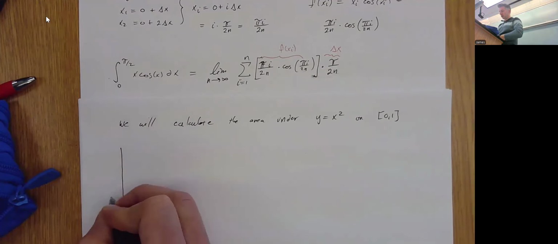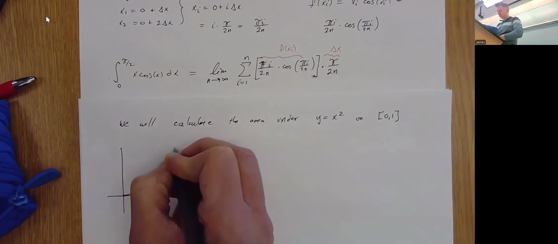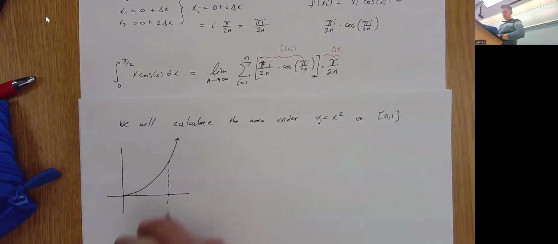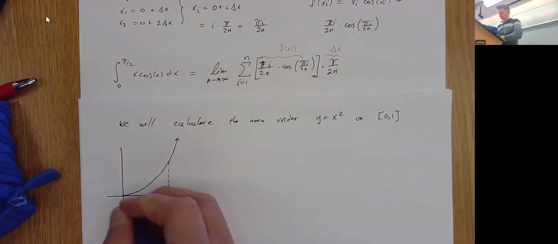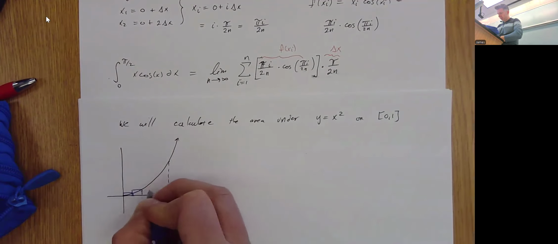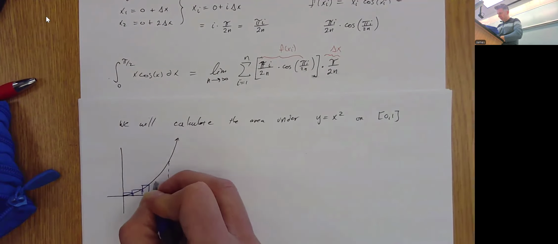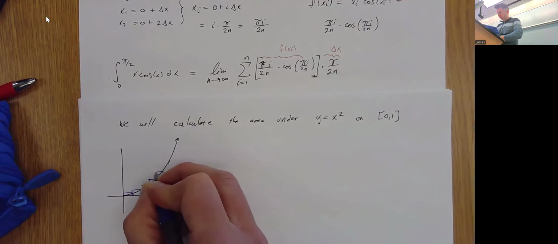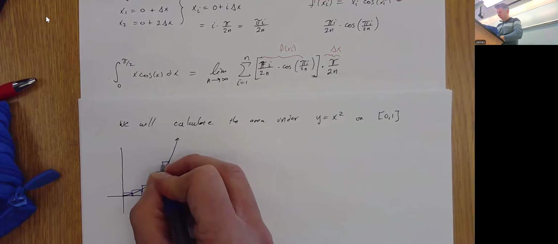Looks like this. So again, the idea being that we're using a bunch of rectangles to approximate this area, and then we're taking the limit of the number of rectangles.